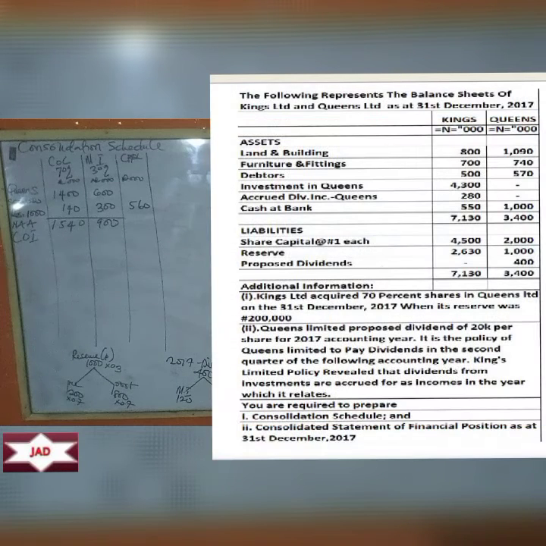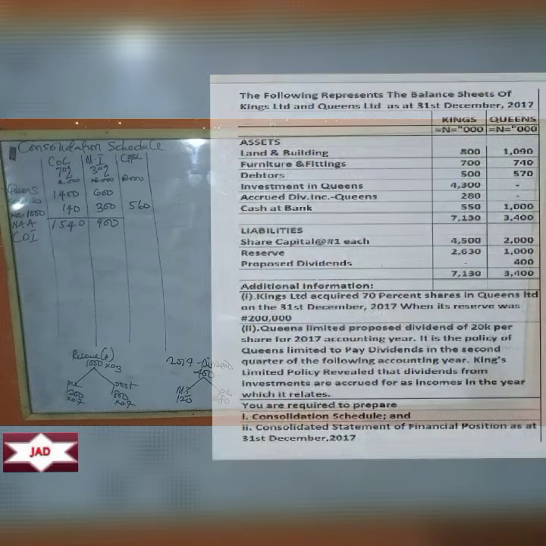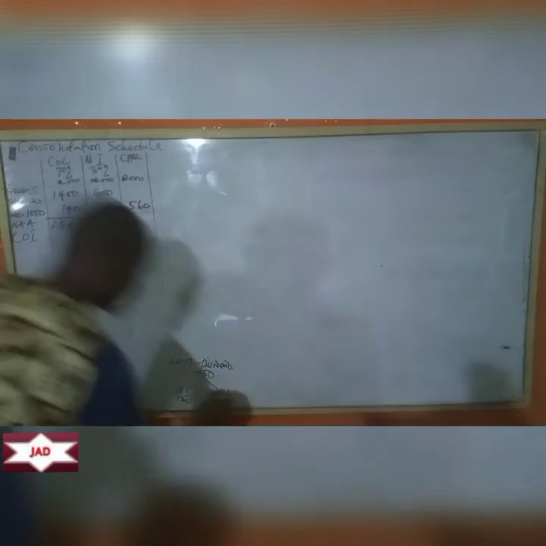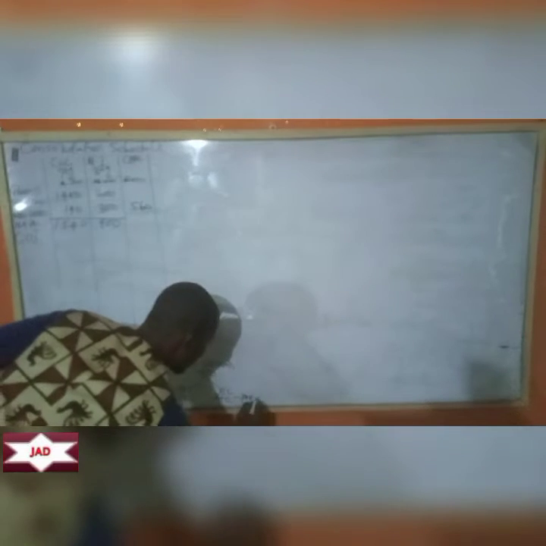Now we have to know if it is pre or post. When was the subsidiary acquired? 31st 2017. So that dividend is related to profit before acquisition. So this will be pre. Right?